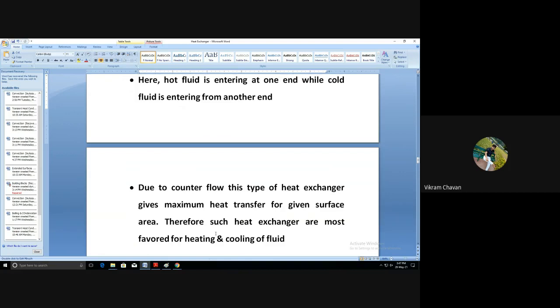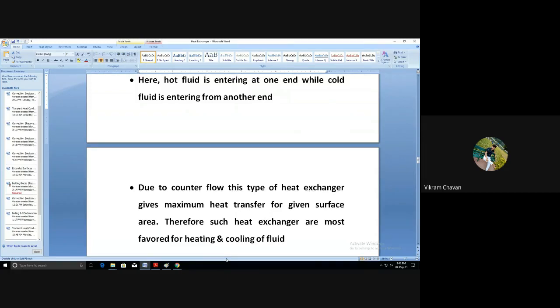Next point: due to counterflow, this type of heat exchanger gives maximum heat transfer for given surface area.